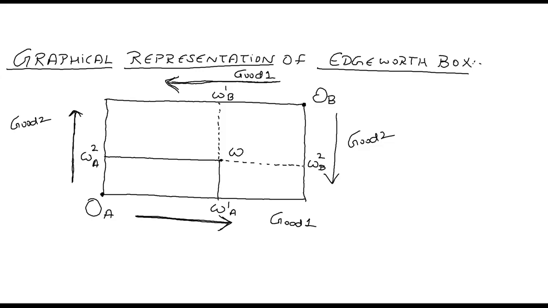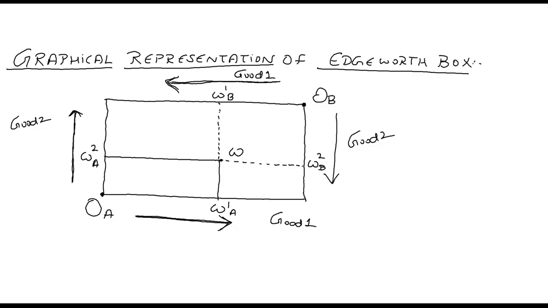Okay. The next thing you can see is, suppose my indifference curves are in this particular order. Suppose we talk about convex preferences, and suppose our indifference curves are convex to the origin. How will A's indifference curves look?